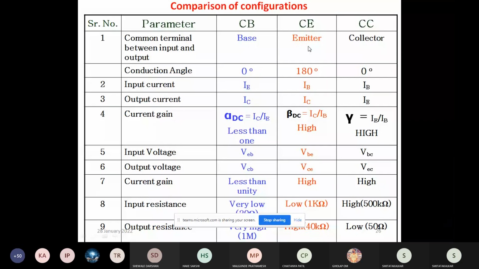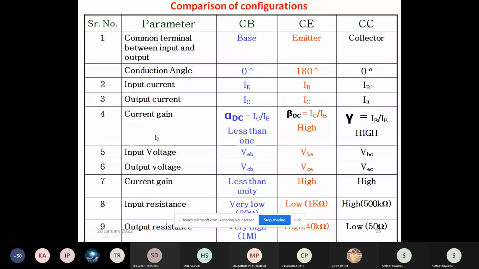Then input current: in CB the input current is IE, in CE the input current is IB, and in CC the input current is also IB. Then output current is the collector current, the output terminal is the collector, and in CC it is the emitter.